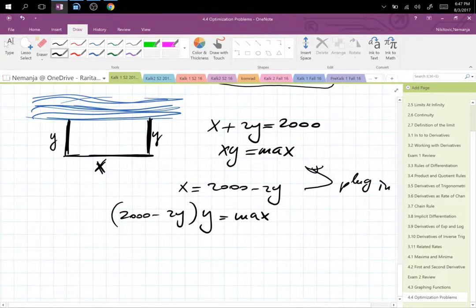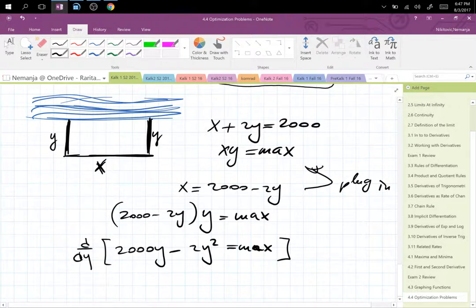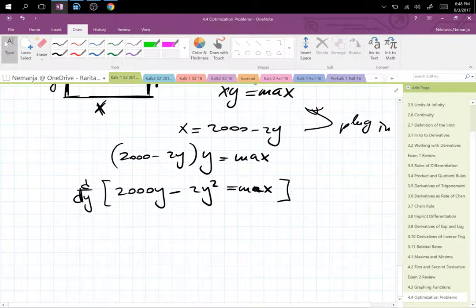And then what I have is 2000y minus 2y squared equals a max. And then we differentiate with respect to y this time, because you are maximizing in terms of y in this equation. That's 2000 minus 4y equals 0.